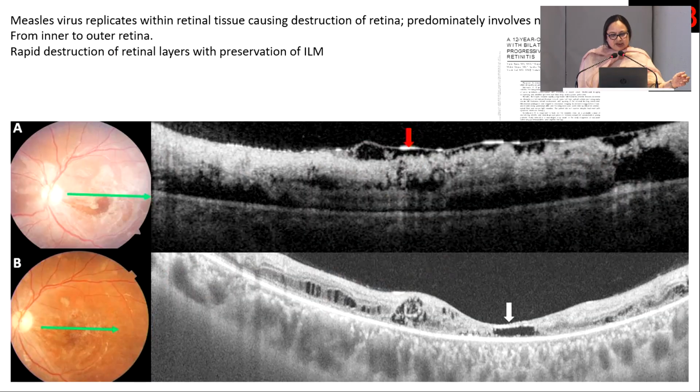So when you see here, there is loss of retinal layers, and the ILM seems to be draping over it.